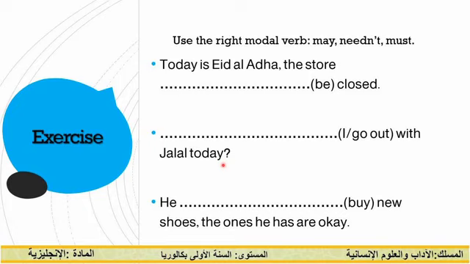And for the third one we have he, blank, the verb is buy new shoes. The ones he has are okay. So something to be thought of. Now pause the video, do this in your copybooks, and then I will give you the correction.